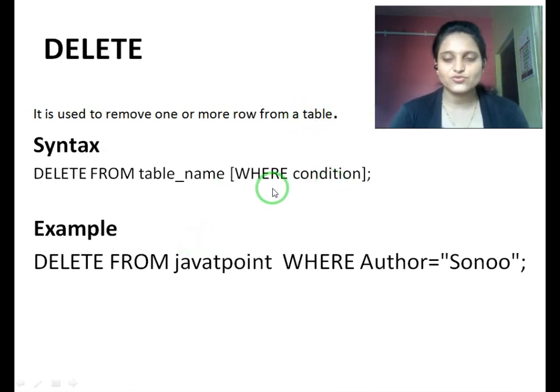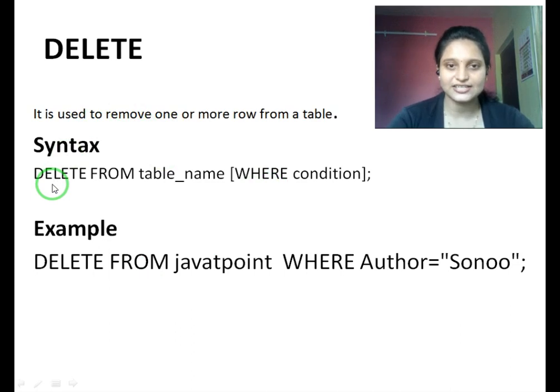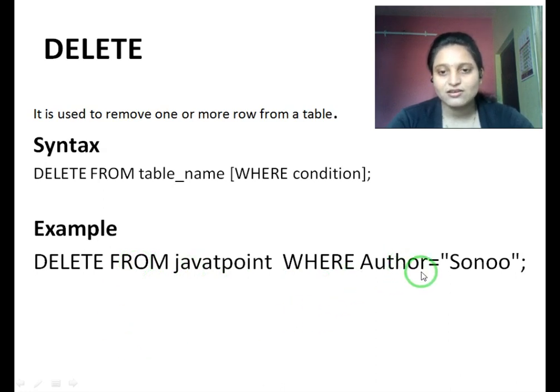Now we are moving toward the next DML command, data manipulation command, that is delete. Yes, delete is used to remove one or more rows from the table. So the syntax for delete is the delete from keyword. Delete from table name and where condition. Suppose I want to delete a tuple having author SONOO. So I write the query delete from table name.